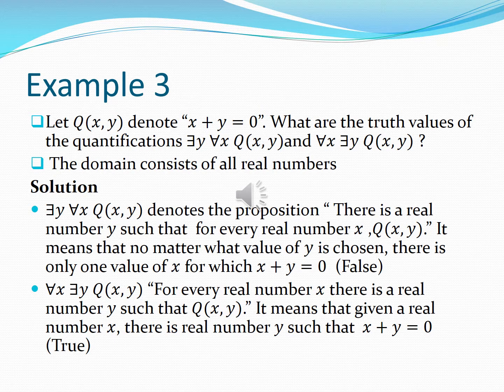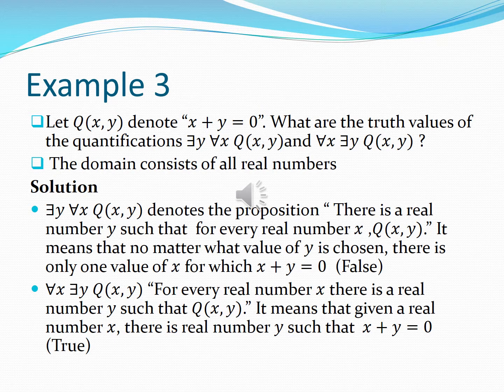This means there is a real number y such that for every real number x, q of x is true. It means that no matter what value of y is chosen, there is only one value of x for which x plus y is equal to 0. That's false.